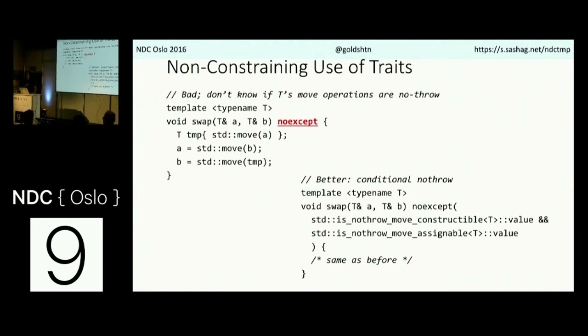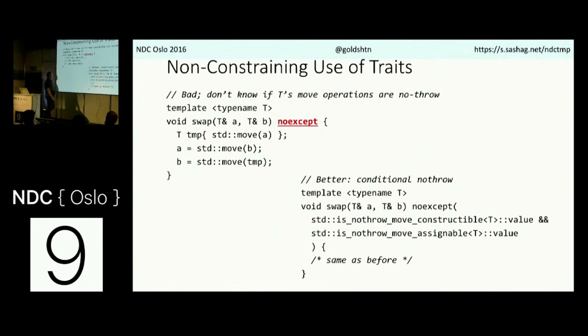Instead, we could, in this case, for example, use the conditional form of the noexcept operator. So we could say that, okay, this function is noexcept in case certain properties are met. So this is the noexcept operator, which takes a Boolean value that has to be known at compile time.